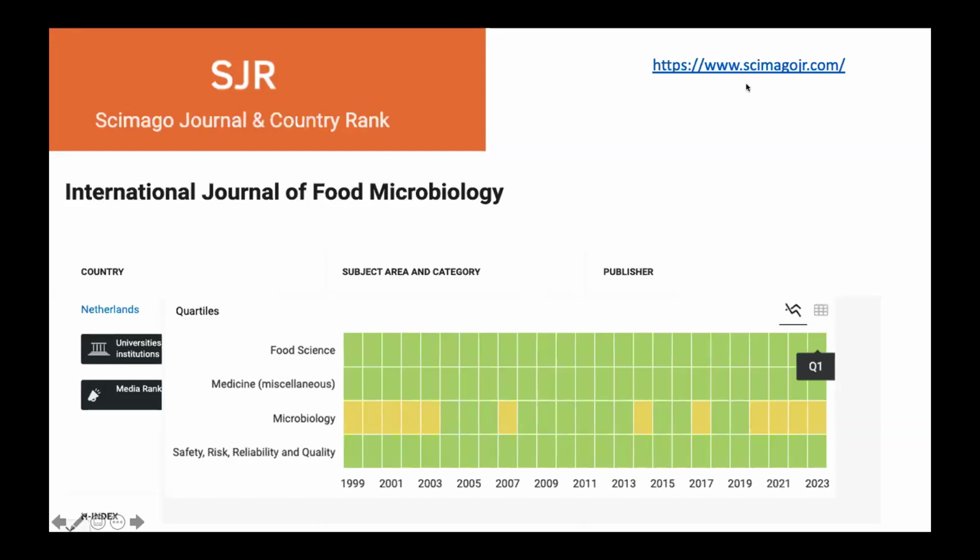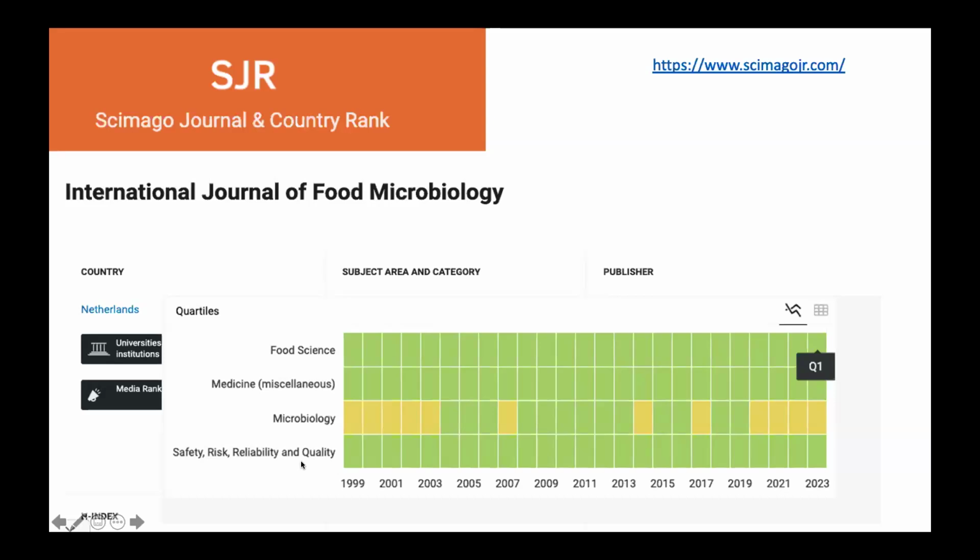So you can go through the Scimago Journal and Country Rank, type a journal that you are interested in, and then you can see the quartile of the journal. It depends on the field, because one journal can have a lot of fields. Like the International Journal of Food Microbiology, they cover food science, medicine, microbiology, and also safety, risk, reliability, and quality.